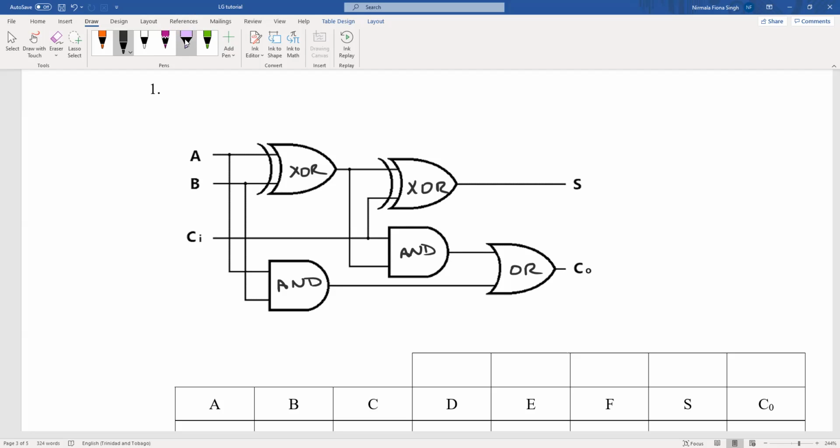So now let's label our outputs. You don't have to use a marker, but if you look here, I have A plus B. Now I already have a C here.